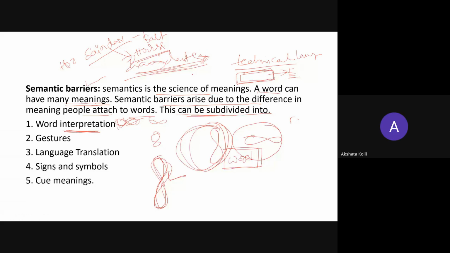Yes, sir. I do not exactly remember, but this type of concept is there. When the word Saindhava is there, someone will perceive it as Saindhava lavana, someone will perceive it as a horse. Both are possible.